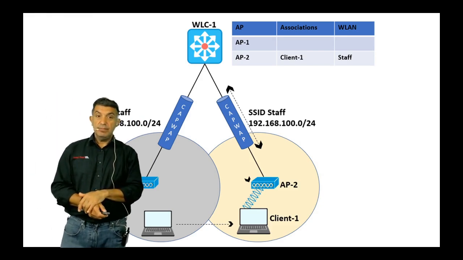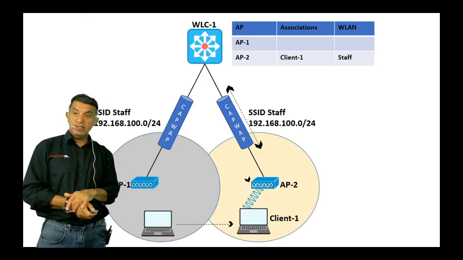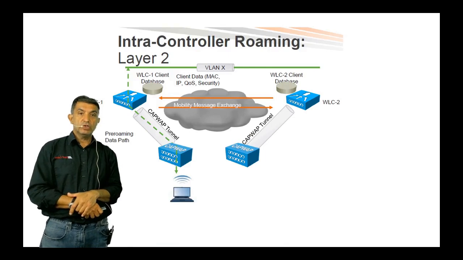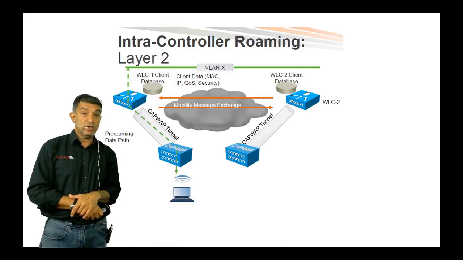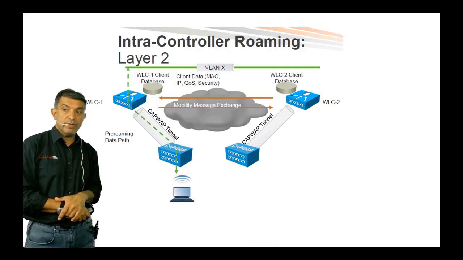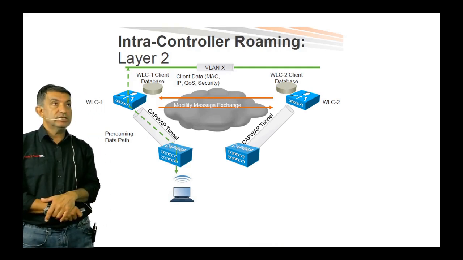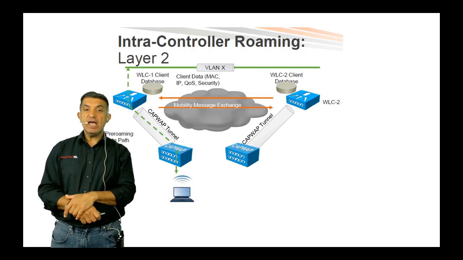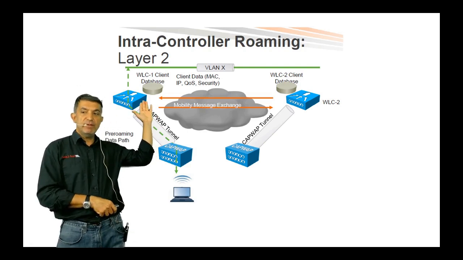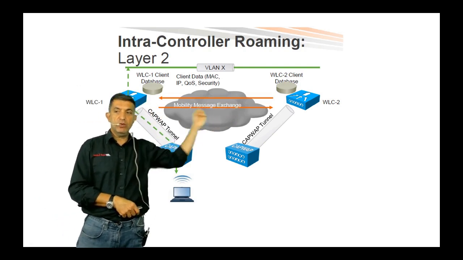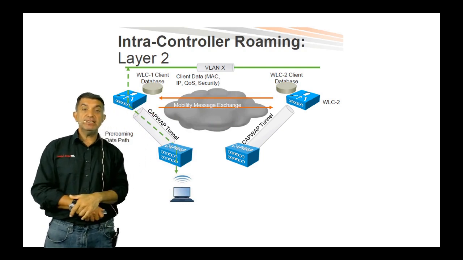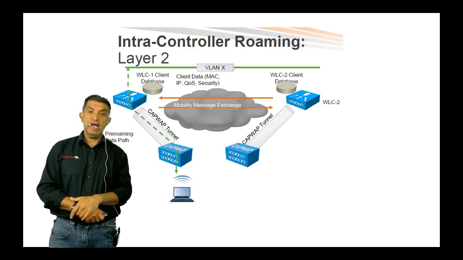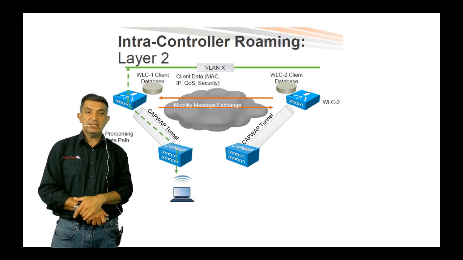So let me talk about the next step. Let me talk about the first intra-controller roaming. What is intra-controller roaming? It is a process which is really nice. We can build it when we have multiple controllers like that one or that one, which are different instances, and each controller has its own client database.